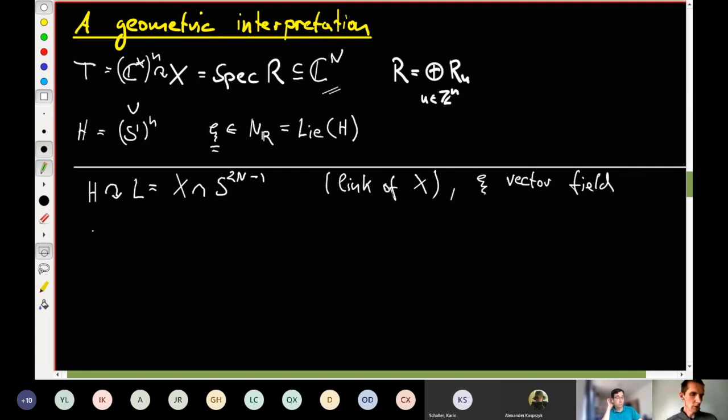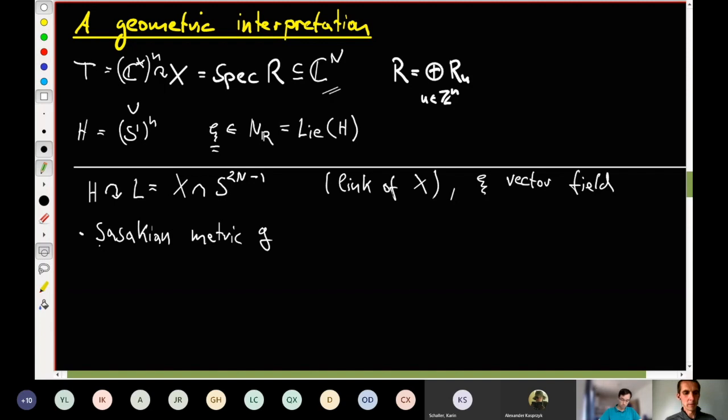Now we take a closer look at this smooth manifold, and we see it actually has more structure. It's not just a smooth manifold, it comes with an additional structure called a Sasakian structure. I'm going to explain a little bit what this means. What I'm eventually after are so-called Sasakian metrics. So I'm looking for a Sasakian metric g.